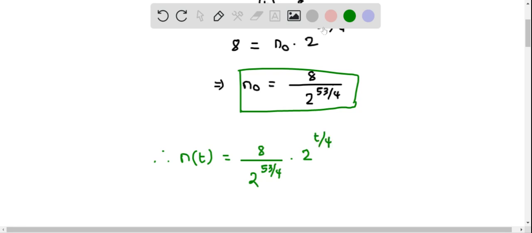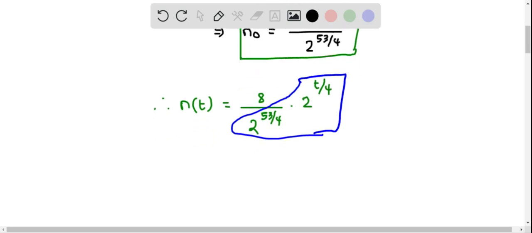In fact, we can combine these two powers of 2 using the exponent laws. That is, we can subtract the powers and put this as N(t) equals 8 times 2 raised to the power of t by 4 minus 53 by 4.